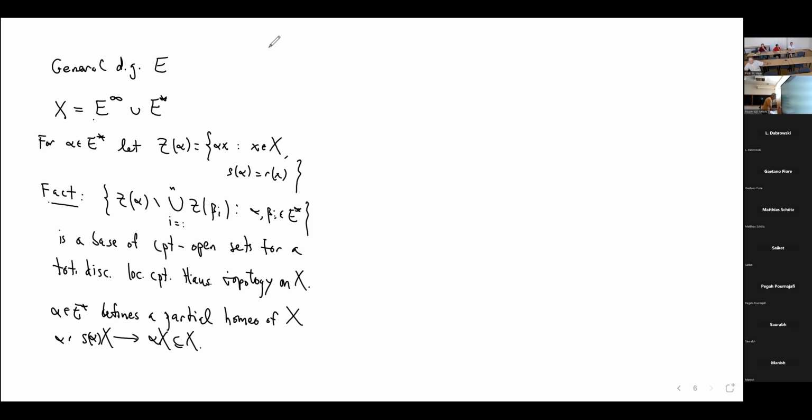Maybe they call this tau alpha, in analogy with what we talked about before. So again, from the graph, we built this locally compact Hausdorff space with partially defined dynamics.